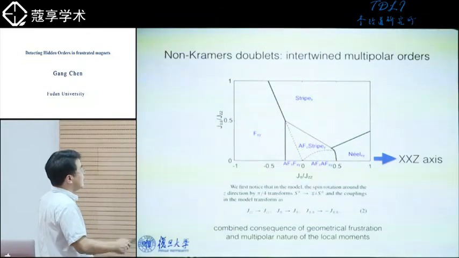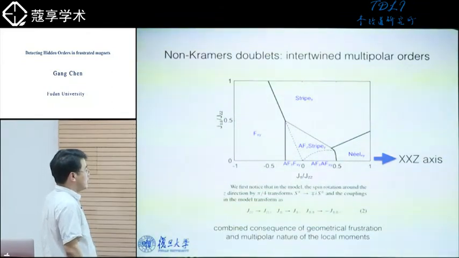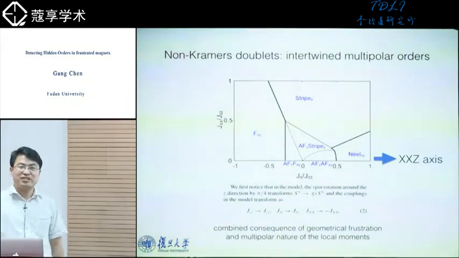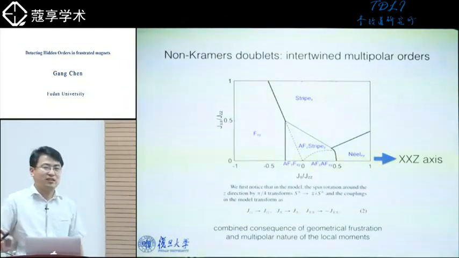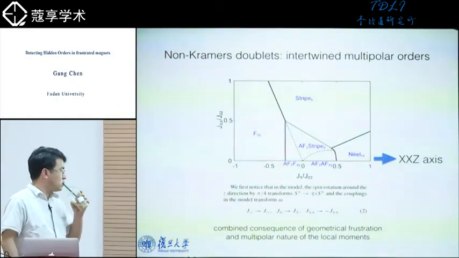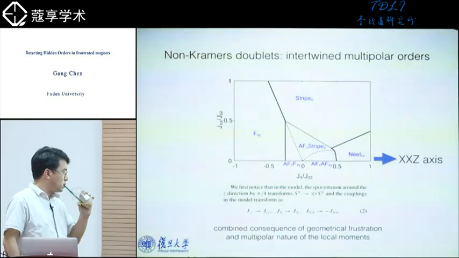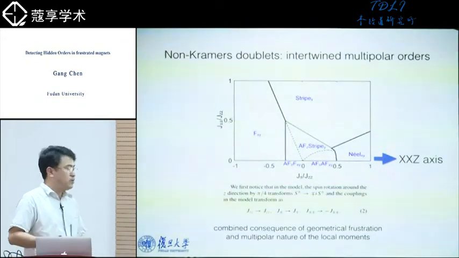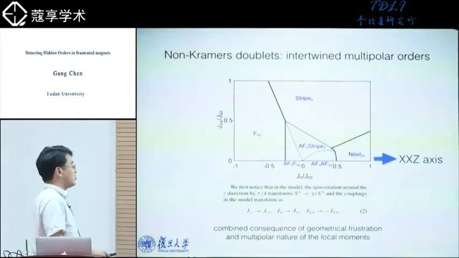It's probably a typo. It should be pi/2, I think. For the pseudospin, if you apply this rotation, it will map onto itself. Yeah, we can talk about this later. It's probably a typo, I think.